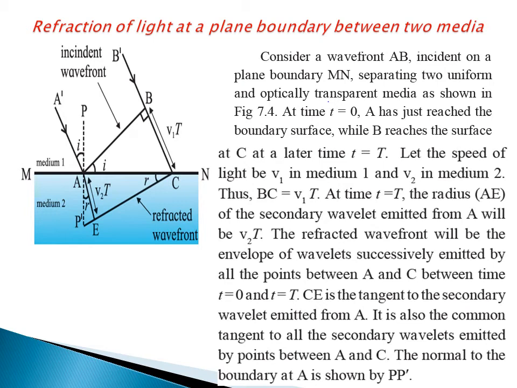But here the speed of light in a rarer medium is greater than the speed of light in a denser medium. So here the distances AE and BC are different, but this forms two triangles, ABC and AEC. AC is the common side of these two triangles.